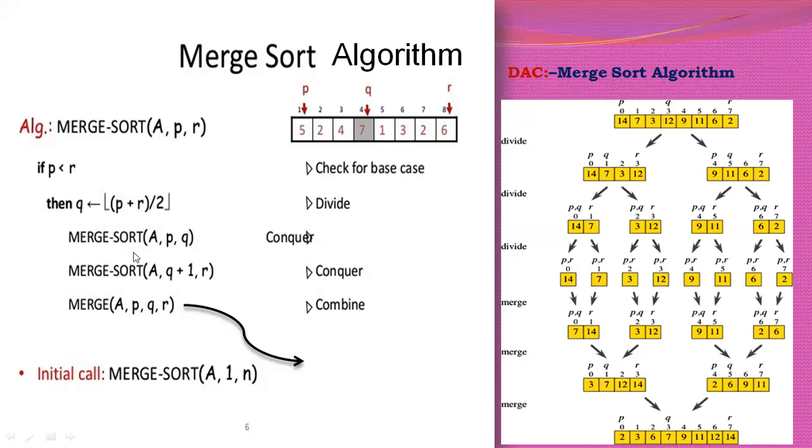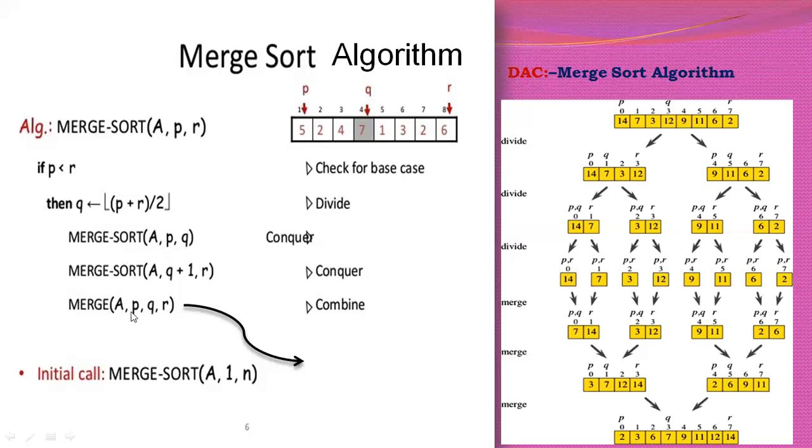Once the left side sub array is sorted and the right side sub array is sorted, then we need to apply the combine concept. That means merge it. We need to merge these two sub arrays. When we apply merge to the two sub arrays, we will get the final output.